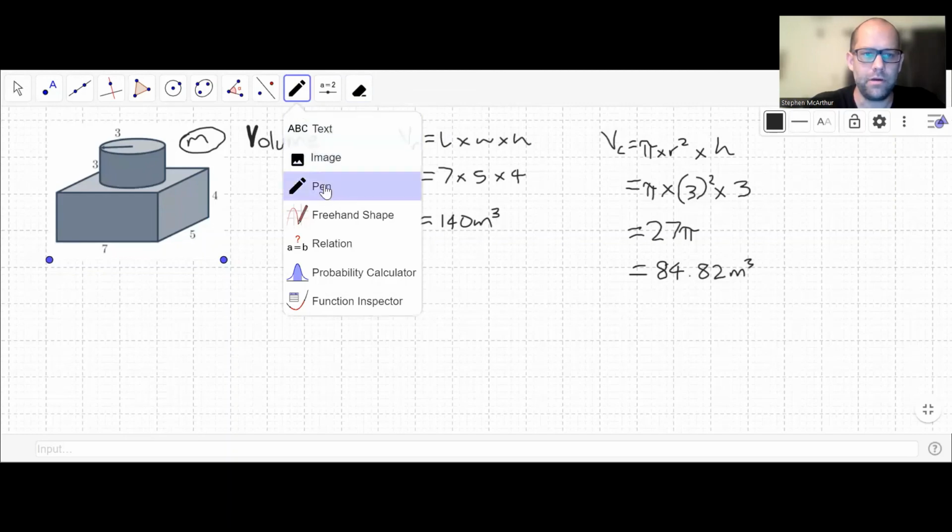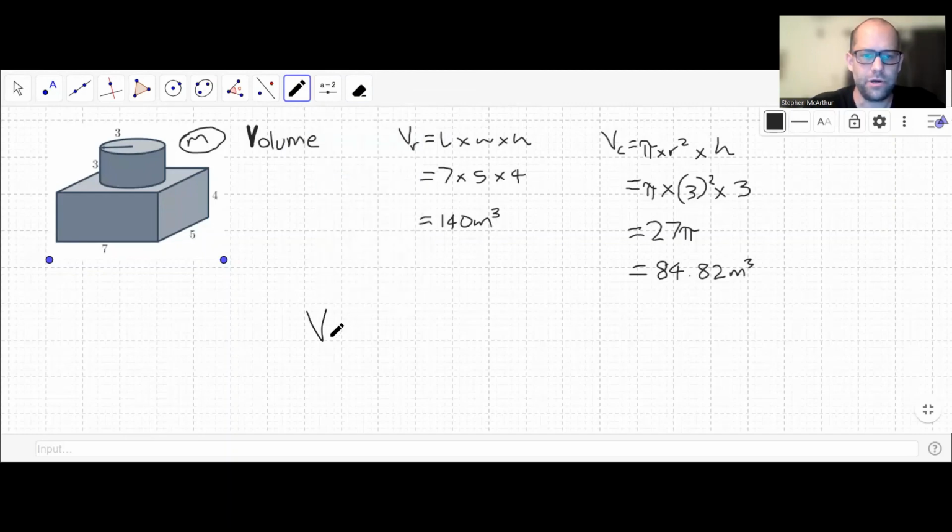And we want to go V total. T for total is 140, which is the bottom bit, plus 84.82, which is the cylinder on top. And this is equal to, I can do this in my head, 224.82 meters cubed. That's the volume for that combination of solids.